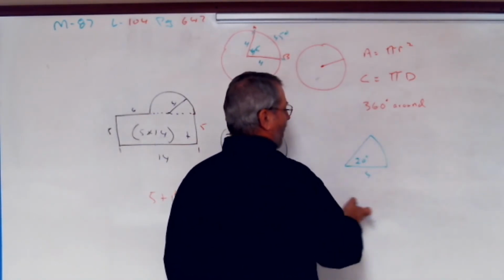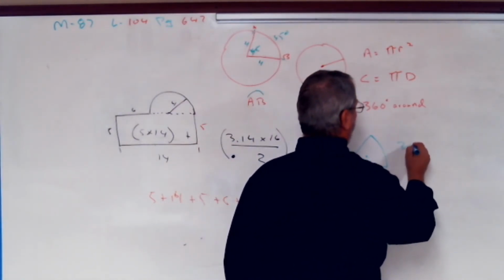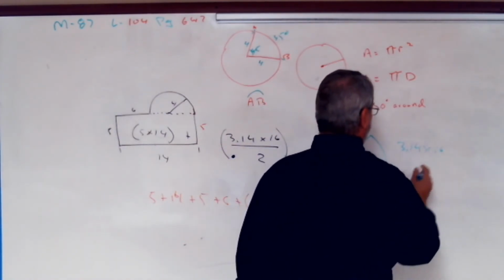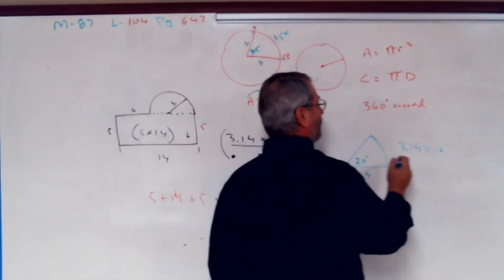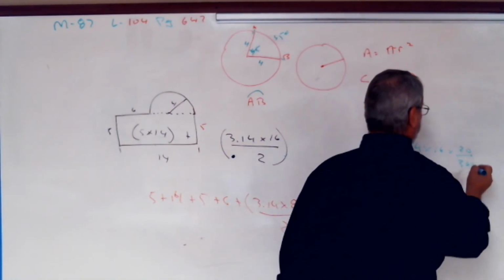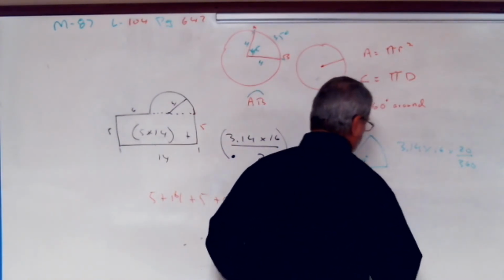So you find the area of the whole circle: 3.14 times radius squared, 16, times, I only have 20 degrees of arc there, 20 over 360. Then you reduce that, and multiply, and you're done.